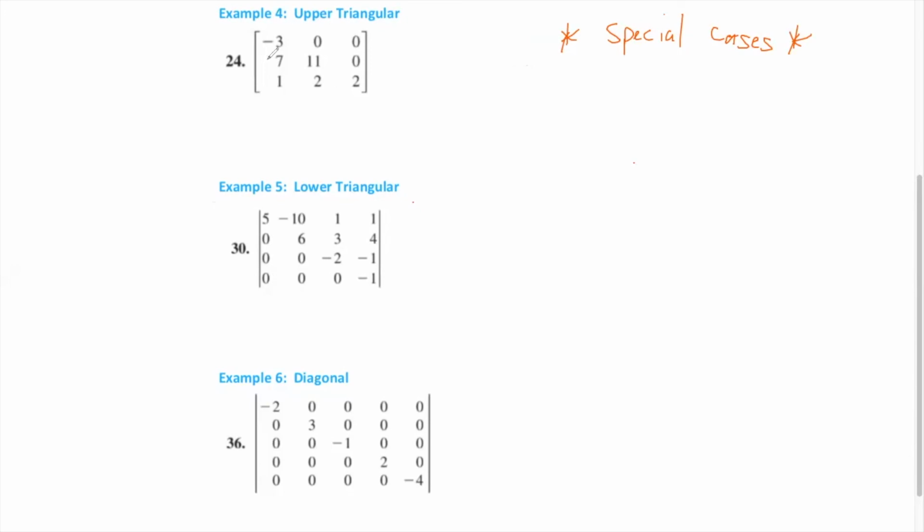So in this example, which is problem number 24 here, if you look at the main diagonal and circle it, the main diagonal is this negative sloping diagonal here. You'll notice that above that diagonal you have some zeros, and those zeros form a triangle.